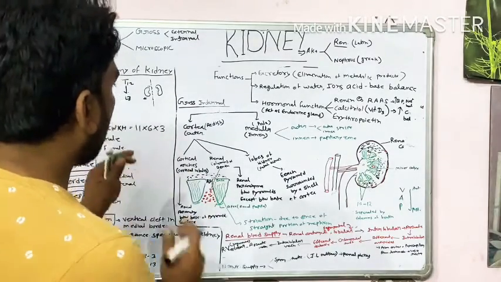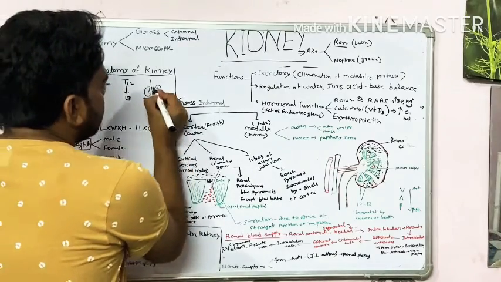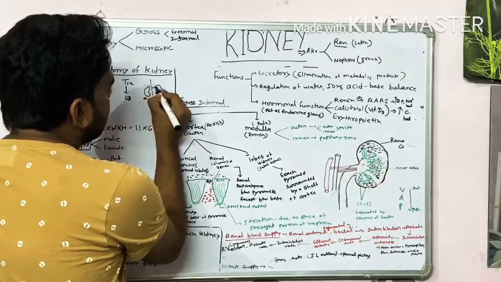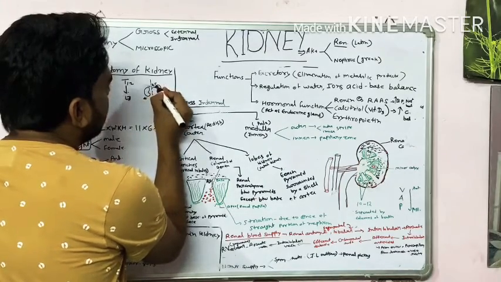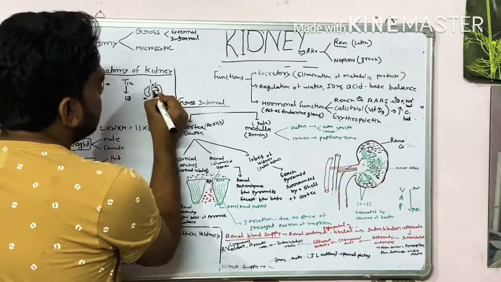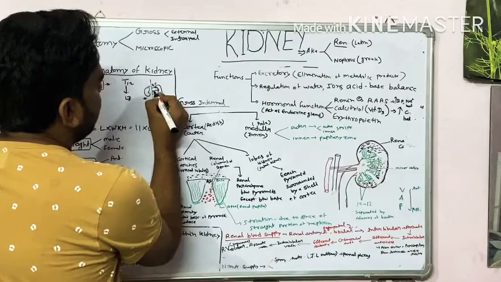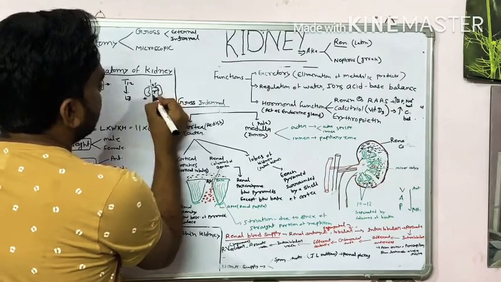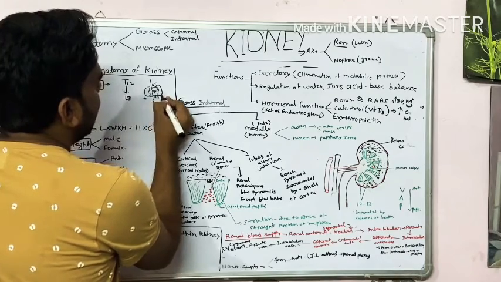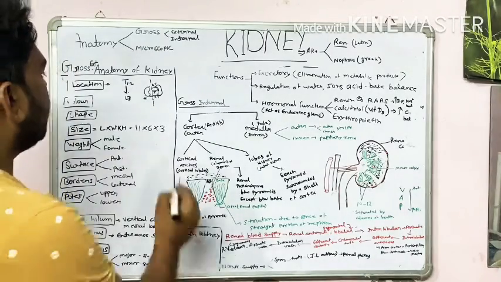According to this midline, the distance to the upper pole is 2.5, to the hilum is 2.5, and to the lower pole is 7.5 centimeters. You have to remember this.